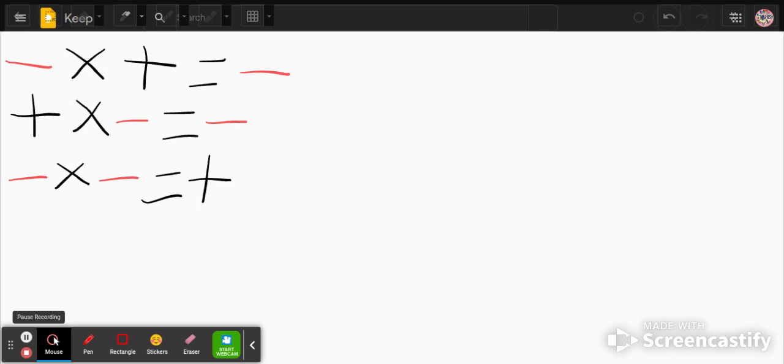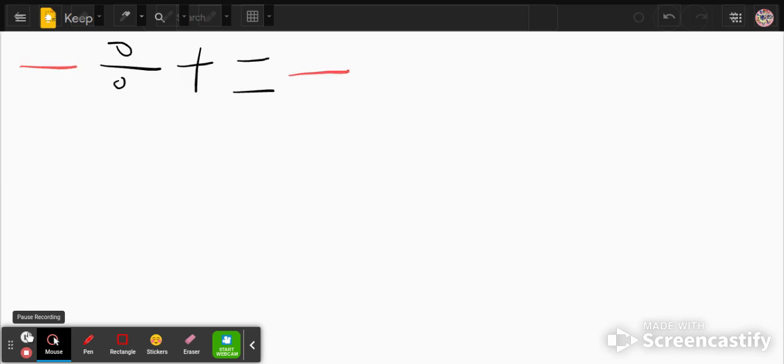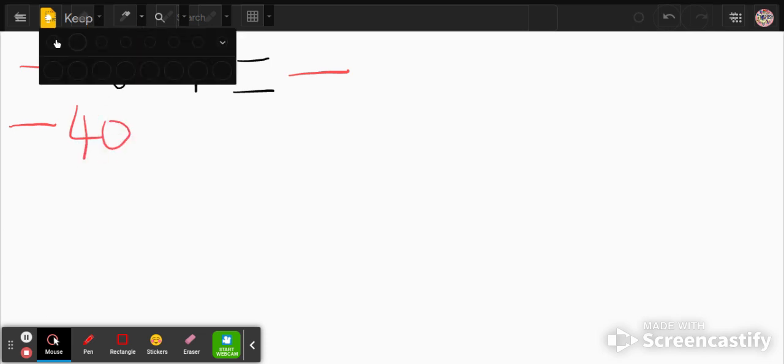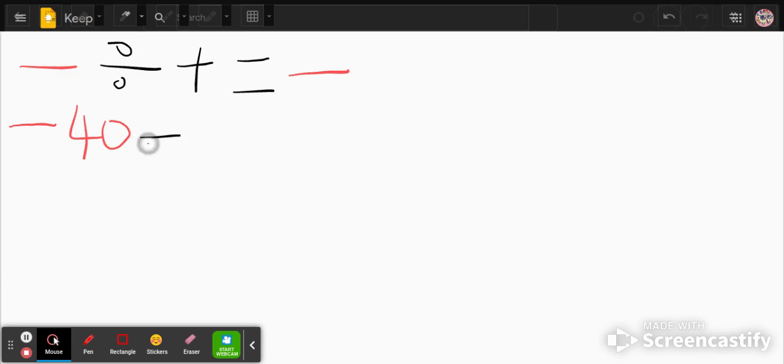Let's go to dividing. The rule states that when a negative number is being divided by a positive number, the answer would be negative. So let's do an example. Let's say we had negative 40 being divided by positive 8.